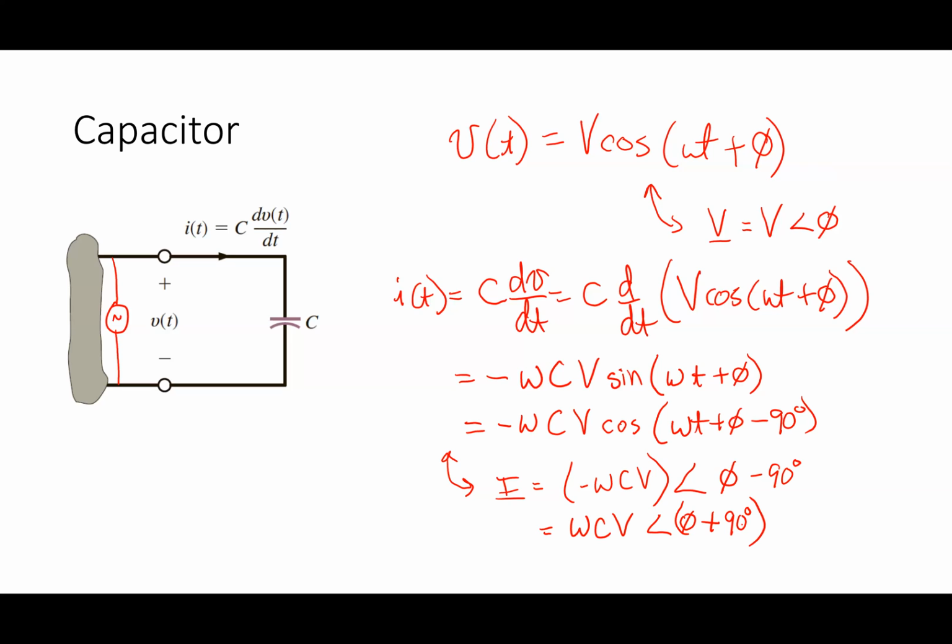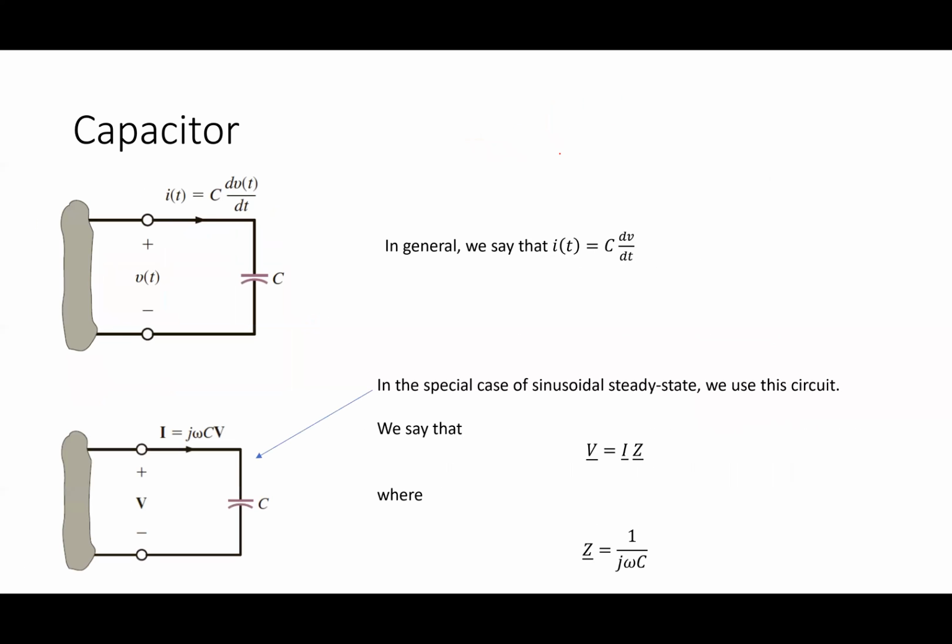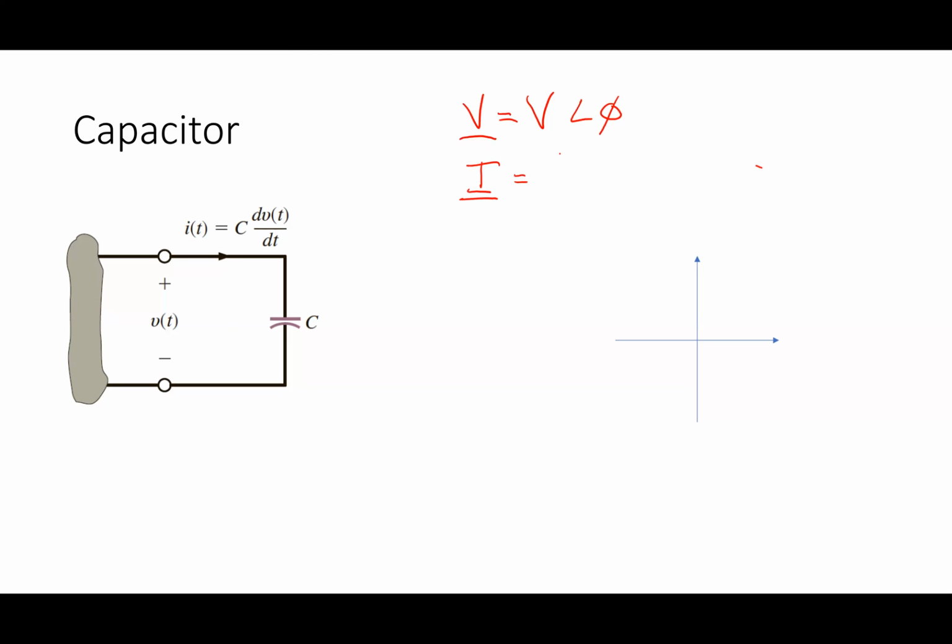All right. So if I look at this picture, what I just said was my voltage phasor was V, and it had an angle of phi. My current phasor has some magnitude I, and the angle was what?